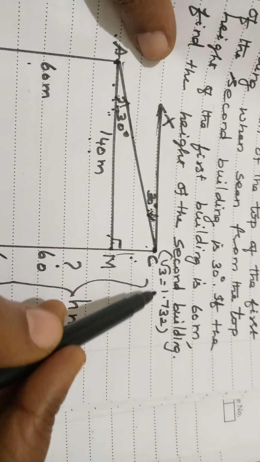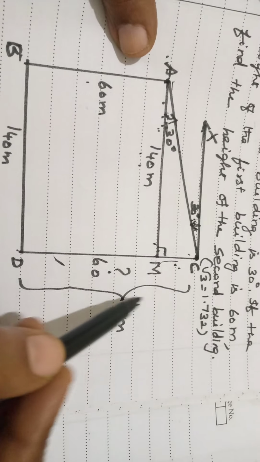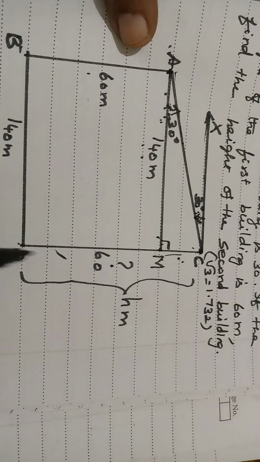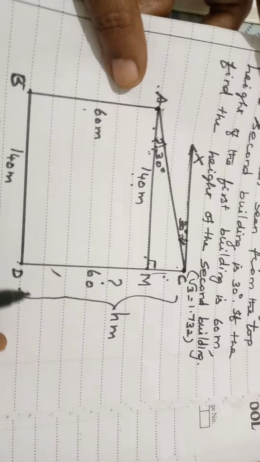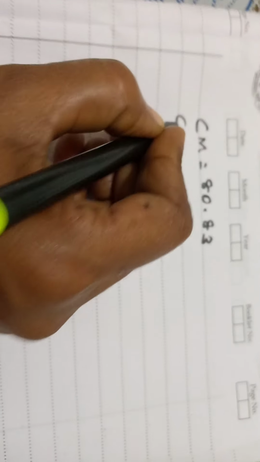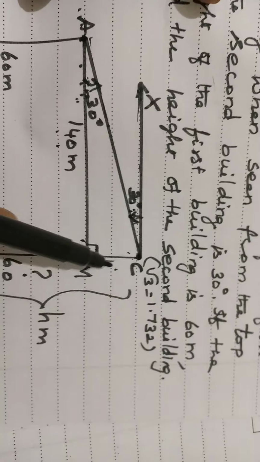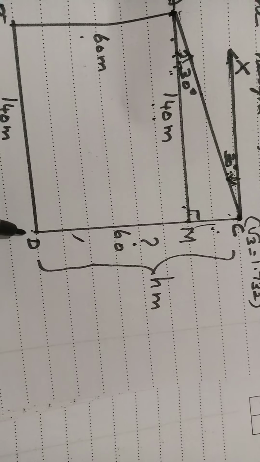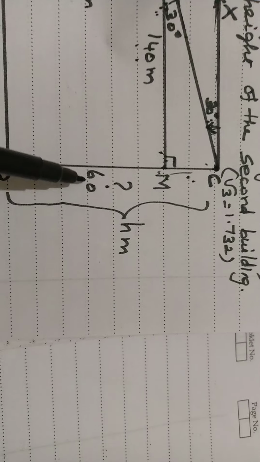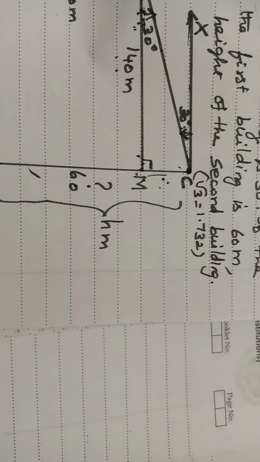We have to find the height of the second building, which means CD we have to find out. This MD we have 60. So from here we can write CD equal to CM plus MD. CM is 80.83, MD is 60. If we add both values we get the answer.